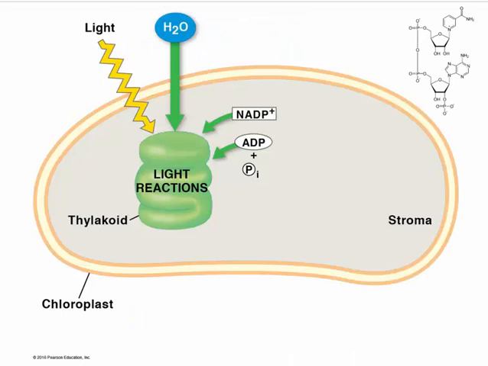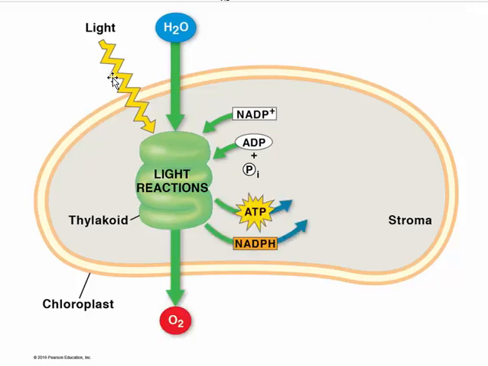So let's do the 10,000 foot view of what's happening in photosynthesis. So light energy is harvested by protein complexes in the thylakoids. You need water for this to happen as well, photosynthesis to happen, not that light absorption per se.